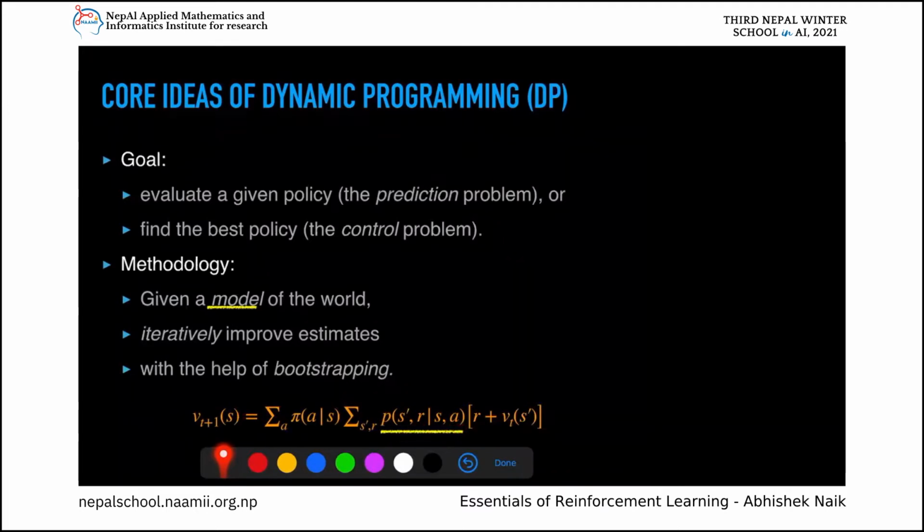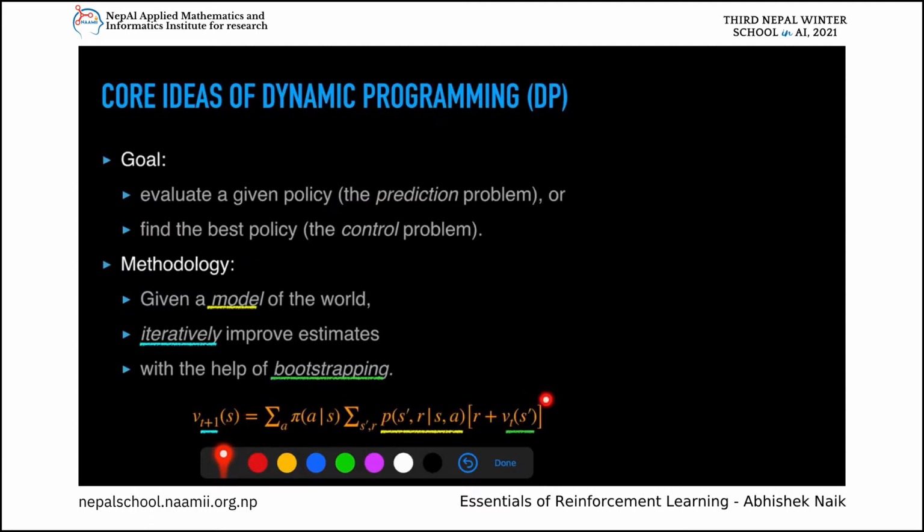Okay. Now, the second thing was iteratively improve estimates, that you take time T and then use that to get a T plus one, right? And with the help of bootstrapping, which was basically the idea of dynamic programming, that we use the answers to subproblems to solve the main problem, right?